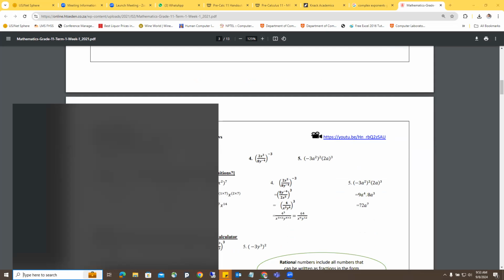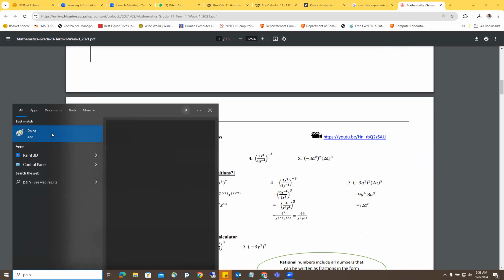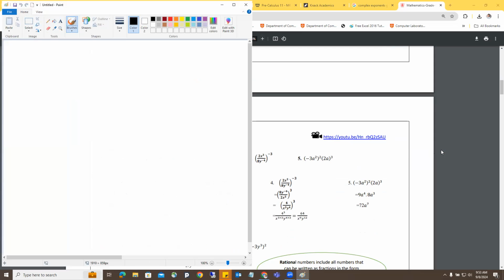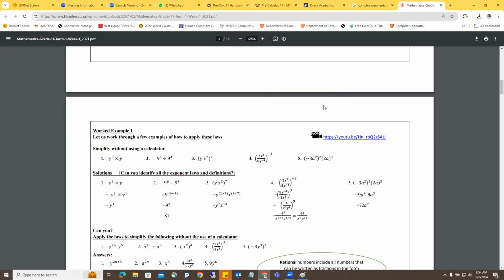Let me get the pen. Okay. So, as for the given question you have already sent me, how are we going to do this one? 3x squared, and I got 64 over x to the power of 9 y to the power of 12.